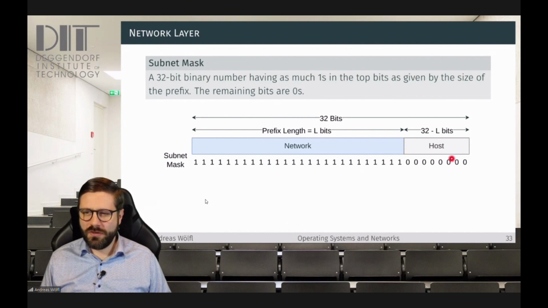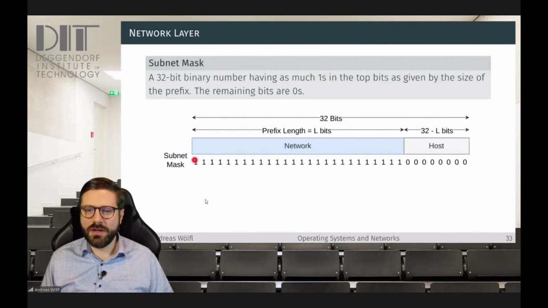So basically, the subnet mask is a representation of the size of a subnet. It has 32 bits like an IP address, and it has leading 1 bits equivalent to the length of the prefix, so the length of the network portion, and the remaining bits in the host portion are 0. In this example, we have 24 ones in the subnet mask.